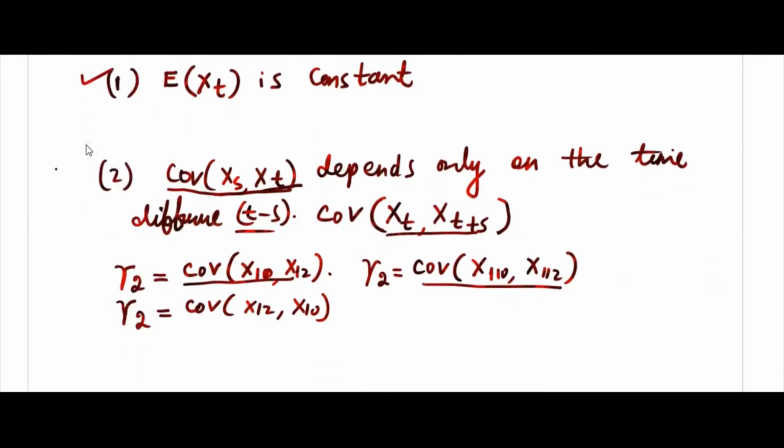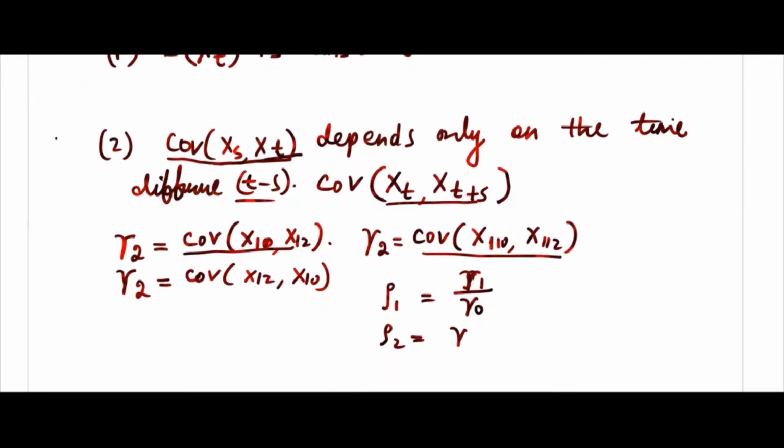Now from autocovariance, you can find autocorrelation. So rho 1, rho 2, these are the notations. Rho 1 is gamma 1 divided by gamma naught. Rho 2 is gamma 2 divided by gamma naught. Here you write the definition for this and this. Remember, gamma naught is the variance of Xt.